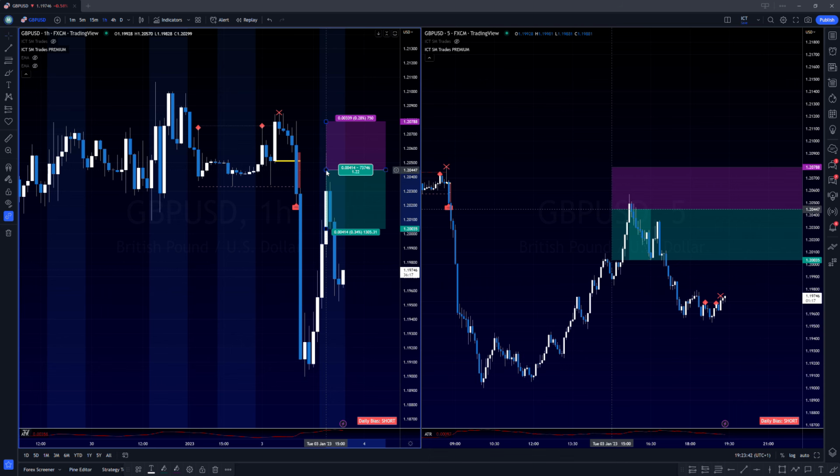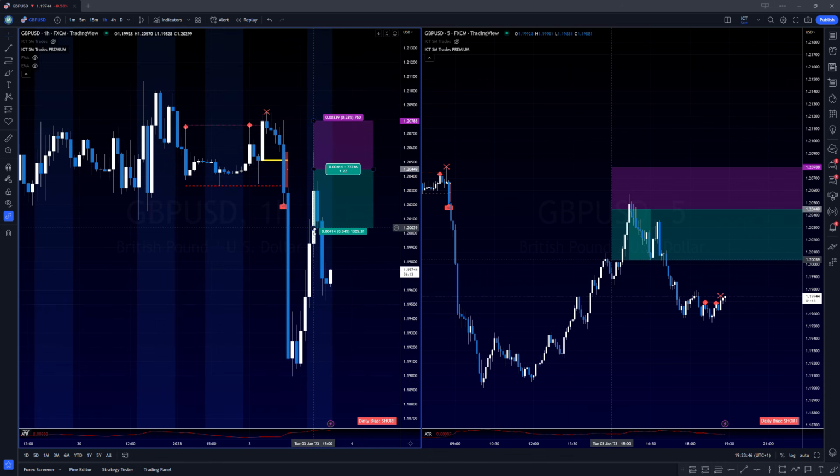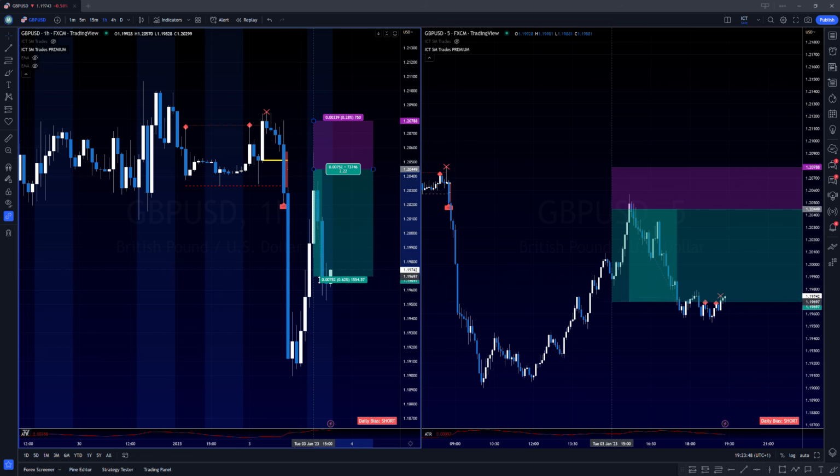If we enter here on the middle, we would have, for example, a 1 to 2 risk reward ratio, but if we would enter here on the order block, we could have a 3 to 1 risk to reward ratio.